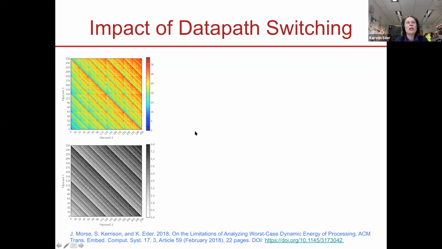So clearly this picture looks very similar in terms of the pattern. It just looks like a black and white version of the picture at the top. Now the bottom picture shows the Hamming weight of the output data path in the number of bits set. Right? So on the right hand side you've got a scale that goes from 0 bits set to 8 bits set in the result, in the output data path of this addition.